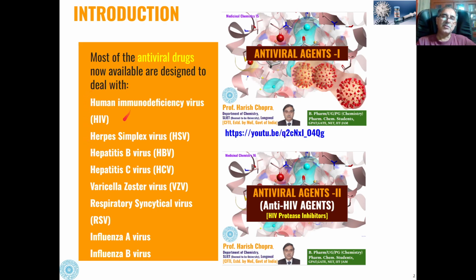And out of these, the most common one is HIV, human immunodeficiency virus, then herpes virus, then hepatitis, then respiratory syncytial virus, and influenza A and B.